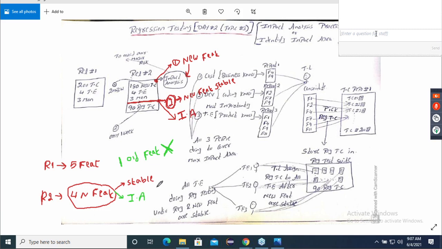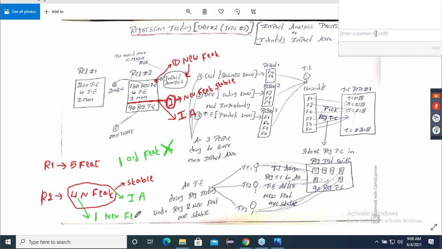Now, when the developer started looking at where the problem is, the developer says, we made a blunder, a big mistake. We should not have created one of these 4 new features. One new feature is the culprit.